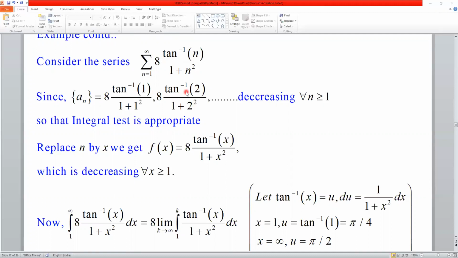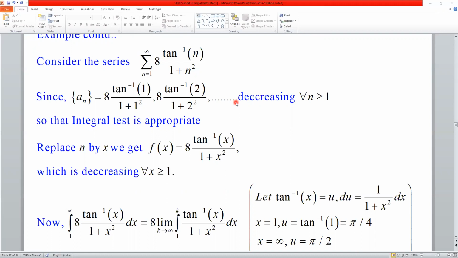You can observe that this sequence is a decreasing sequence, because the denominator goes faster when compared to the numerator. Therefore the sequence is decreasing for all n greater than or equal to 1. So we can apply the integral test to verify whether the series is convergent or not.